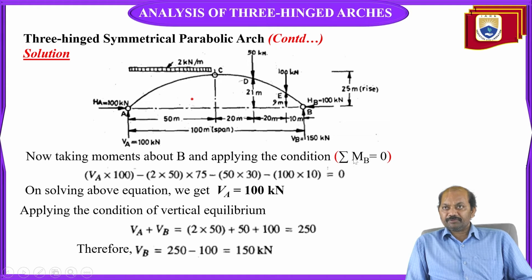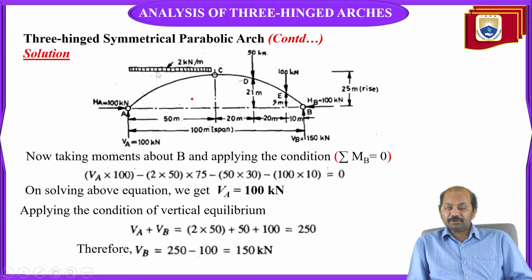Now, find out what is sigma MB. VA into this distance, VA into 100, minus, this is UDL, per meter load is 2 kilonewton. So the total load for 50 meters will be 2 into 50, that means 100, into distance.